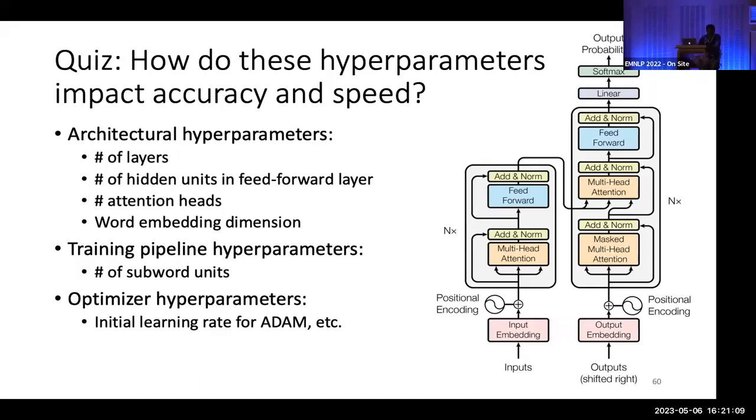But that also means my sequence becomes longer. So that could slow things down because transformers are sort of n squared, where n is the number of tokens. Right. So it's not clear how this hyperparameter interacts with speed and accuracy. Right? And because things are not clear, it's harder to do things by hand, and that's why AutoML could help you.